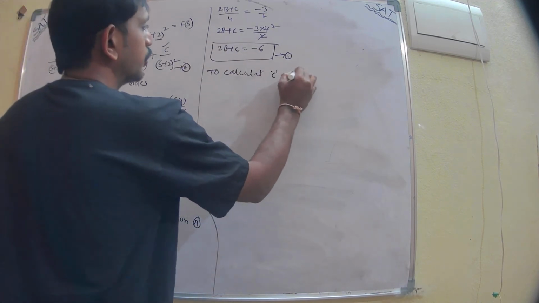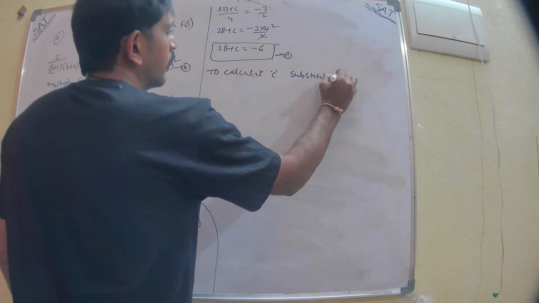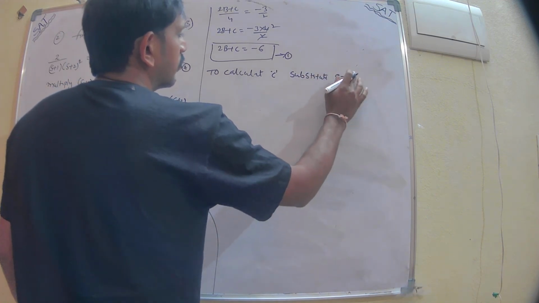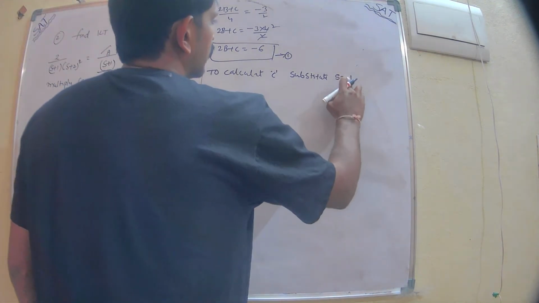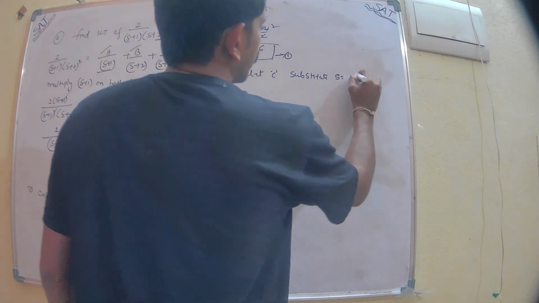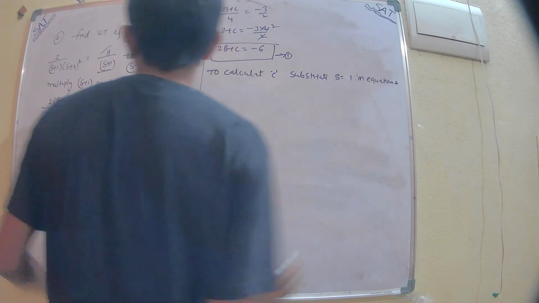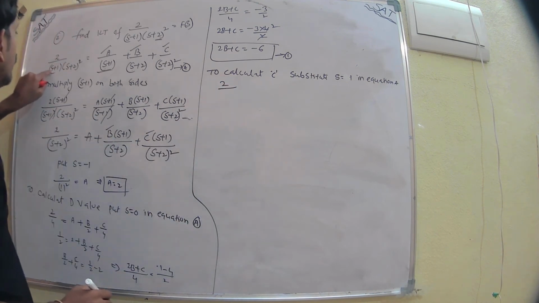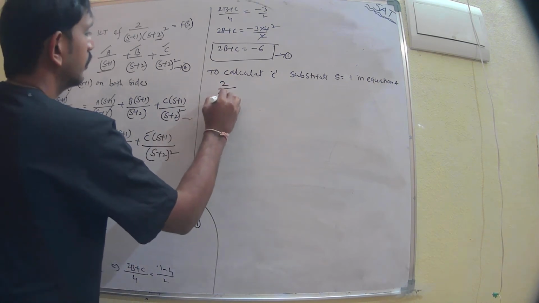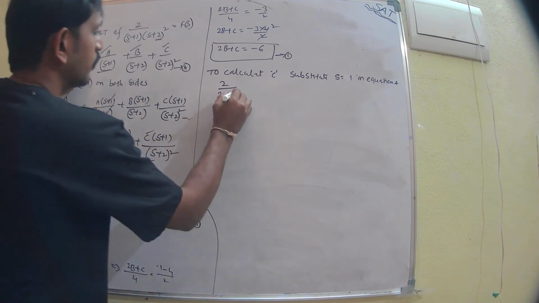Next, to calculate C, substitute s is equal to 1 in equation A. So 2 by s equal to 1: 2 into (1 plus 1), 3, 3 square, 9, 9 into 2, 18.